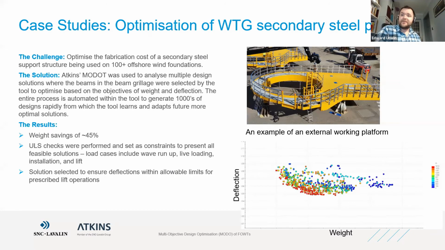It was still a feasible design, but significantly lighter, and that obviously has a huge knock-on effect, not just in terms of the cost of steel, but in terms of the installation vessels that you're able to use to install it on the monopile, and all of that sort of stuff.